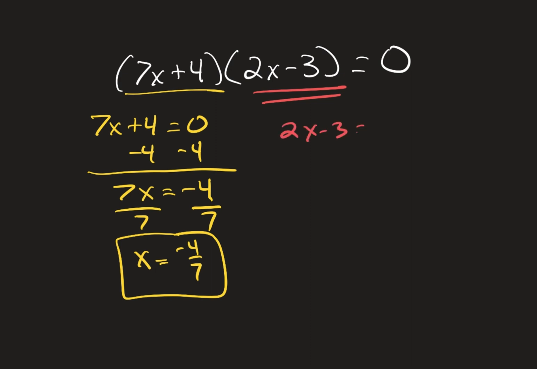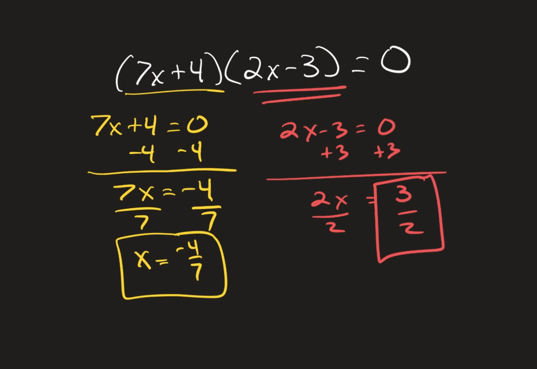2x minus 3 equals 0. Again, a two-step equation. We've been solving since 5th grade. Add 3 to both sides. That gives us 2x equals 3. That's a nice 3. Let's do a little bit better in the handwriting department. Divide both sides by 2.